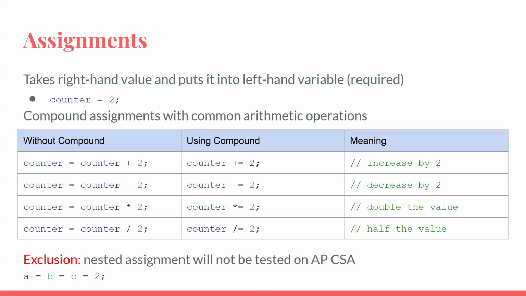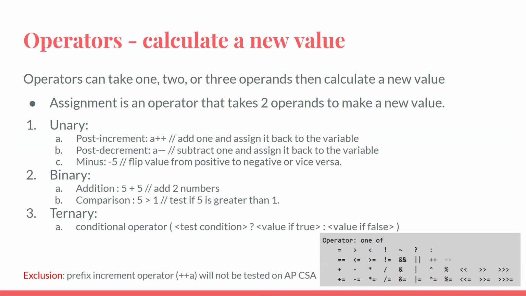You can use other arithmetic symbols such as subtraction, multiplication, division, and more for similar results. For example, you can write counter *= 2 to double: 2, 4, 8, 16, etc.